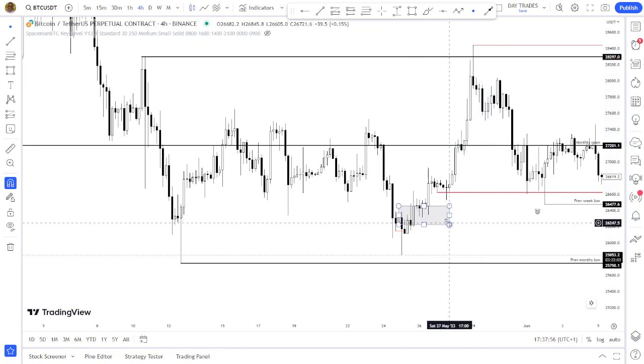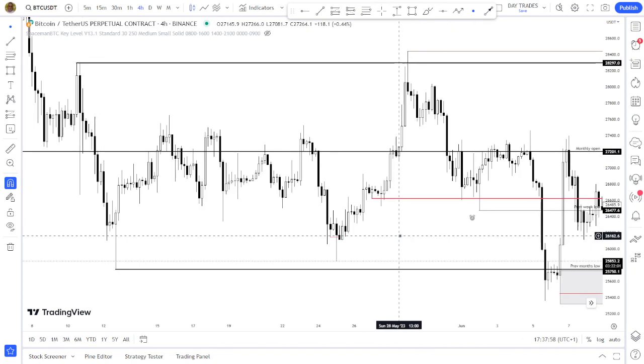So very simple. Let's look for a bearish breaker. Let me look for a bearish breaker. Let me quickly, just give me a moment.